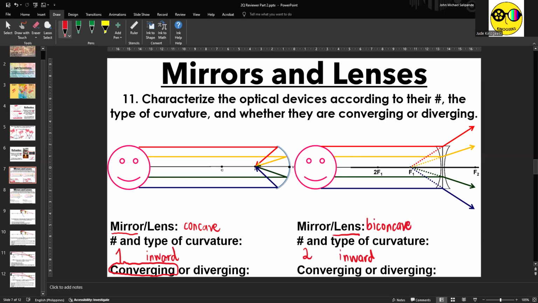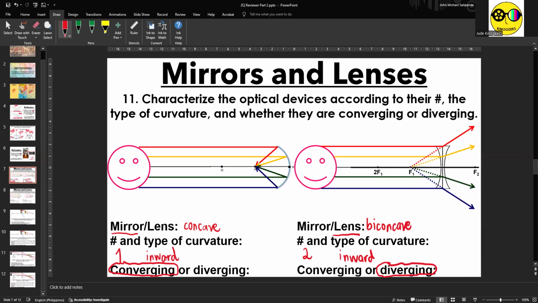Okay, so we can see that when the light waves strike the lens, they bend, so there's refraction, and then they start to spread out. At that point, we can already deduce that a biconcave lens is diverging.